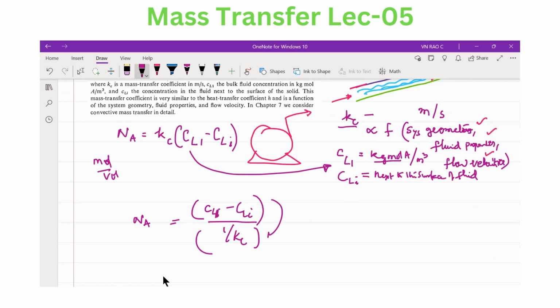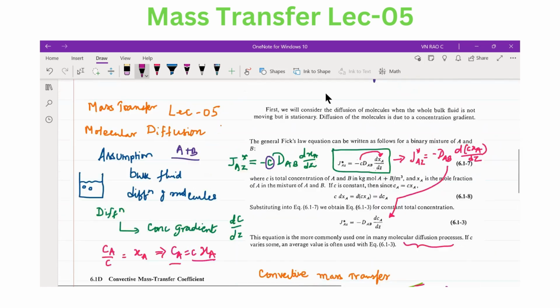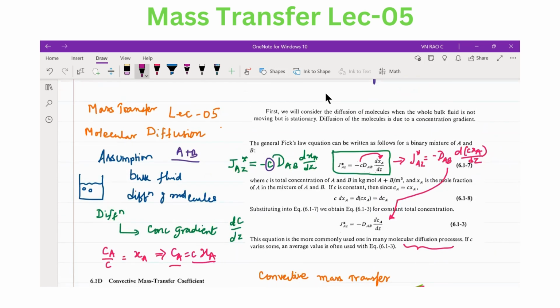So driving force by resistance is flux, as current is equal to voltage by resistance. We'll meet in the next session. This is session 5, wherein we have introduced Fick's law of mass transfer, the Fick's law equation.